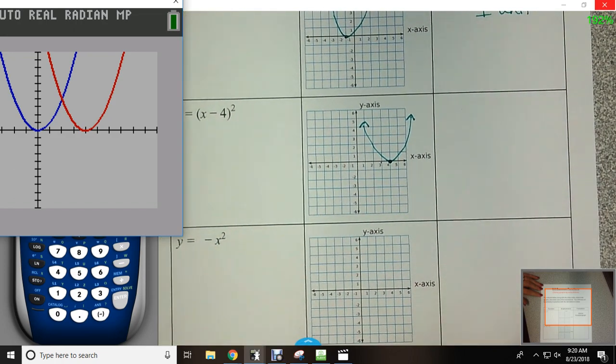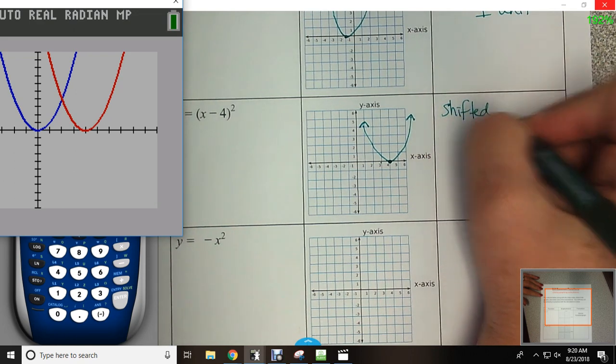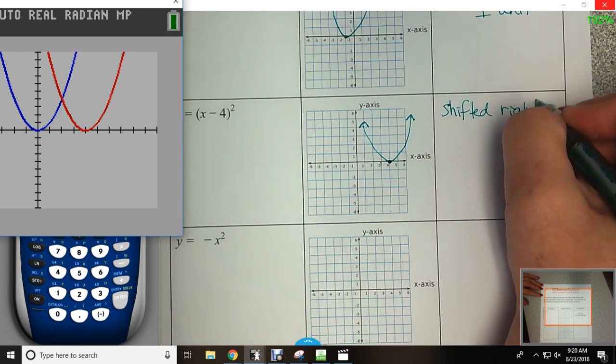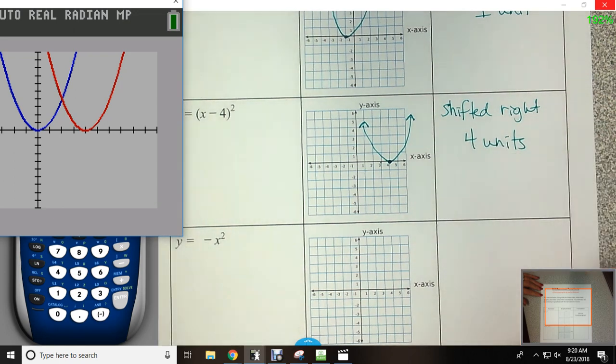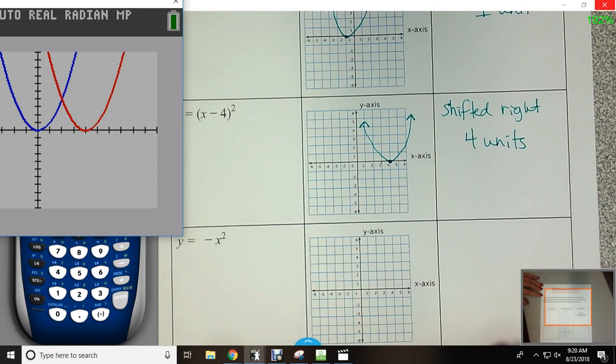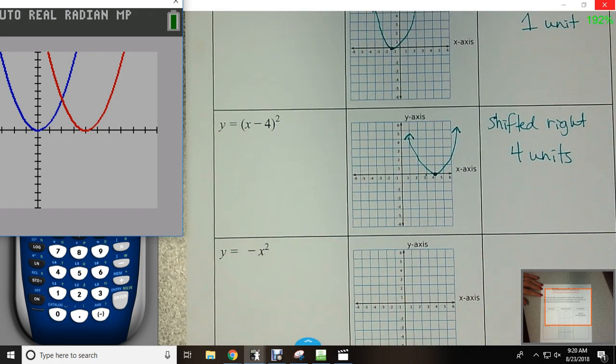And my translation for that one, it is shifted right 4 units. Okay, and these are just sketches. They're not perfect. It doesn't have to be at this point. This is good enough.